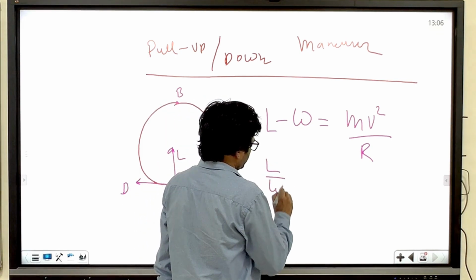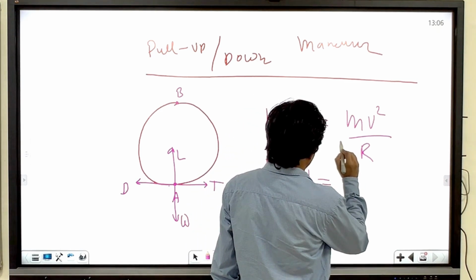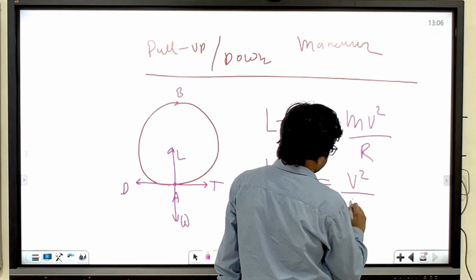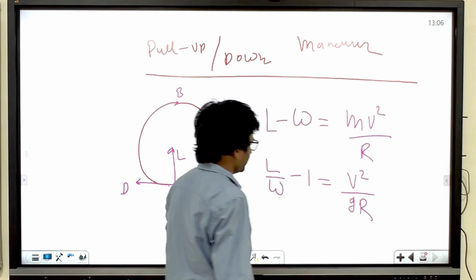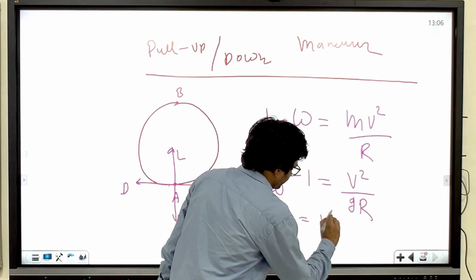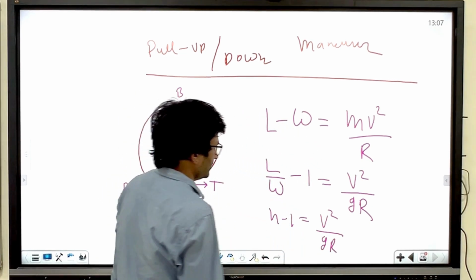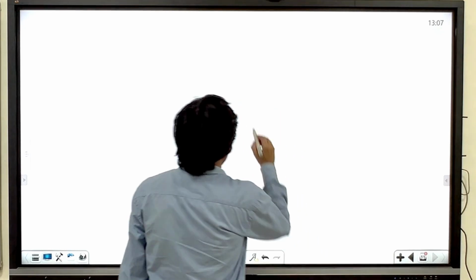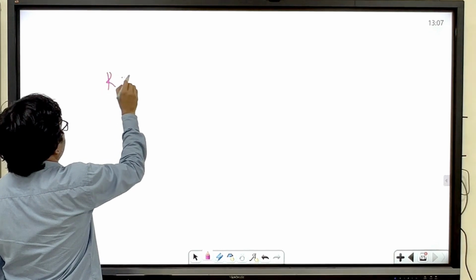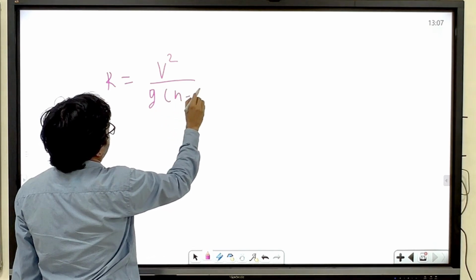L by W minus 1, and this you can write W by g, and W will get cancelled and you will get V square by g r, and this is n minus 1 equal to V square by g r. So you can write r equal to V square by g (n minus 1).